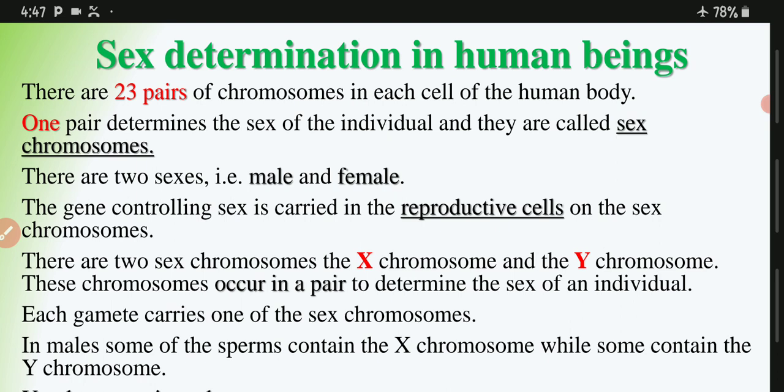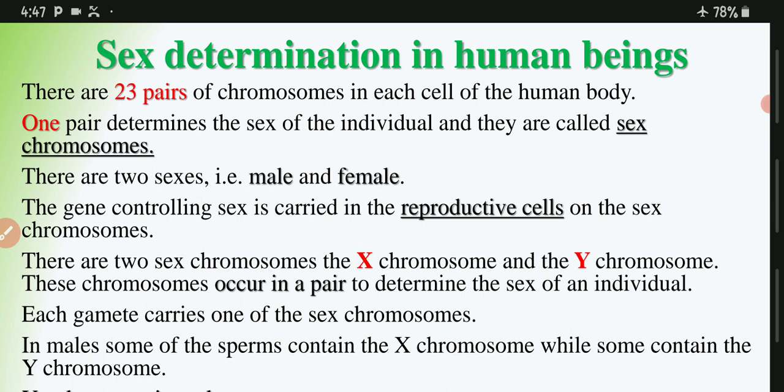Now I think we have looked at genetic sex determination. So allow me to proceed. Here we are looking at sex determination in human beings. But before we look at this, we all know that in man there are 46 chromosomes.